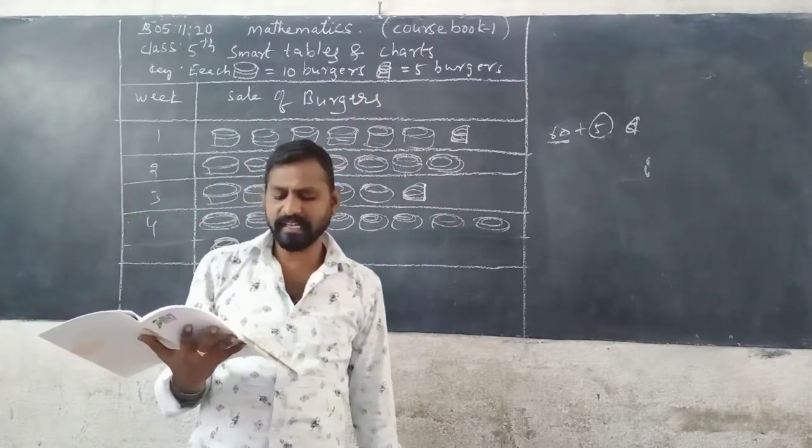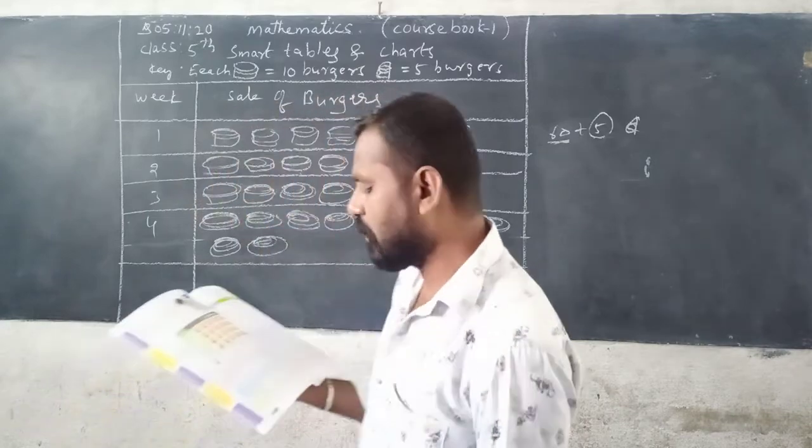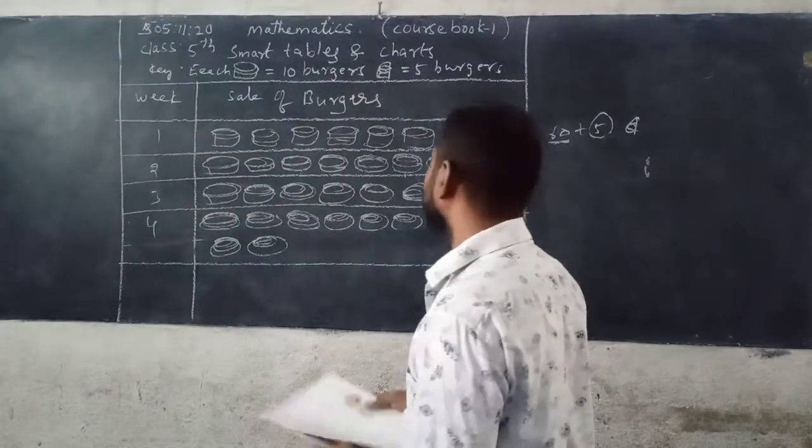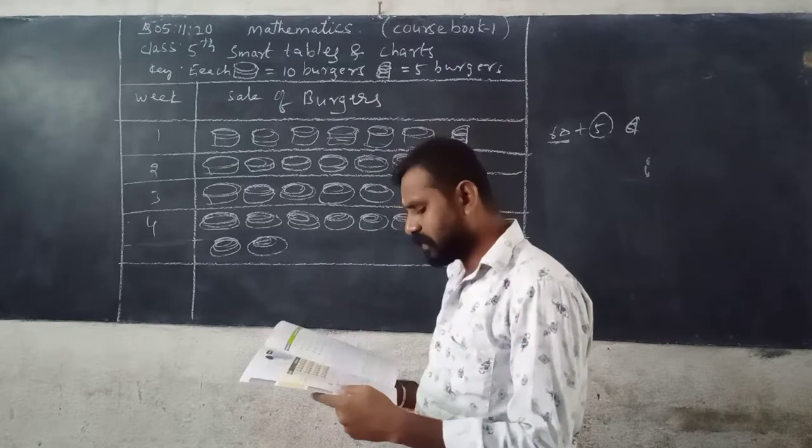Now next, answer the following questions. How many burgers were sold in the first week? 6 full burgers and a half burger. Very easy, no? So write down the first question's answer.